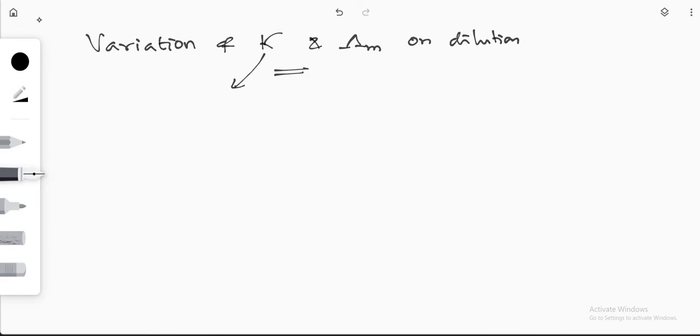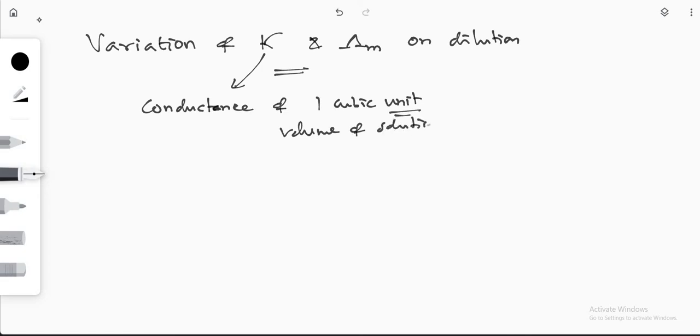In general, it is the conductance of 1 cubic unit. We don't know what the unit is; it may be centimeter or meter. If it is centimeter, it is 1 cc; if it is meter, 1 meter cube. The conductance of 1 cubic unit volume of solution is nothing but kappa.